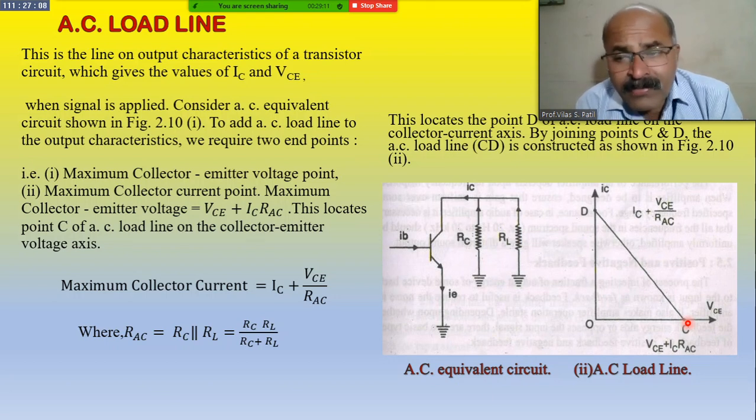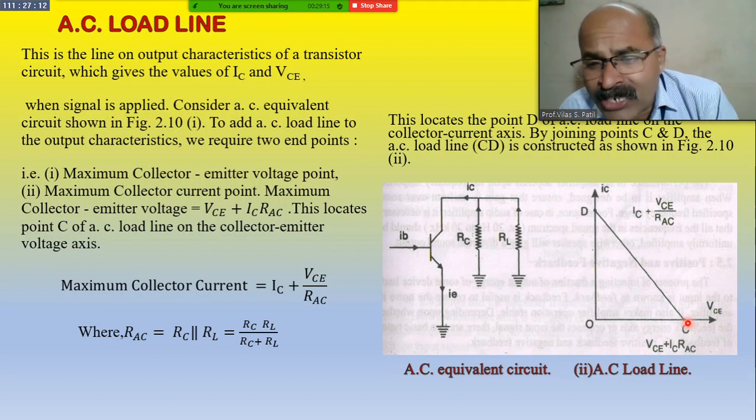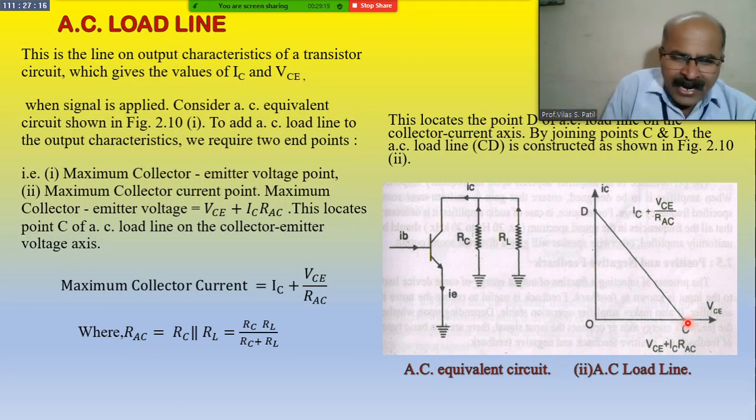The maximum collector emitter voltage means maximum VCE is near point C. Then the maximum collector current point is D.